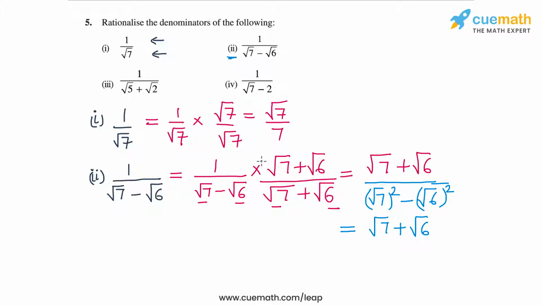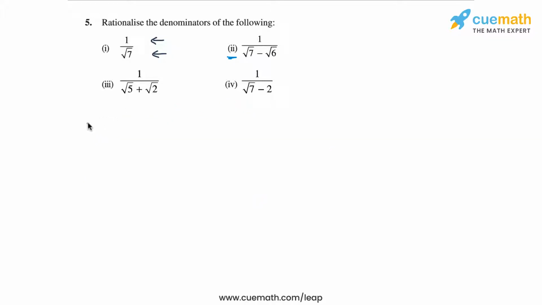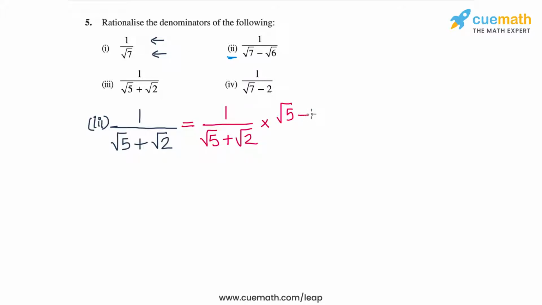Now let's go to the third part. So in the third part, the expression is 1 by root 5 plus root 2. So we will multiply the numerator and the denominator by root 5 minus root 2. So this will be 1 by root 5 plus root 2 times root 5 minus root 2 by root 5 minus root 2. The same multiplier for both the numerator and the denominator.